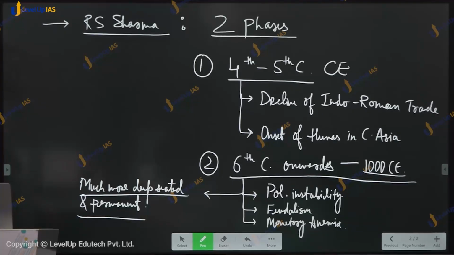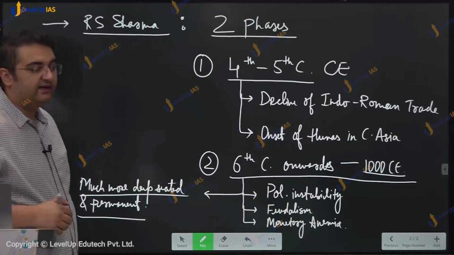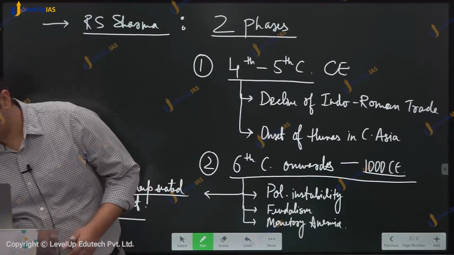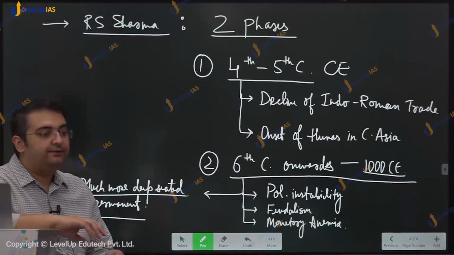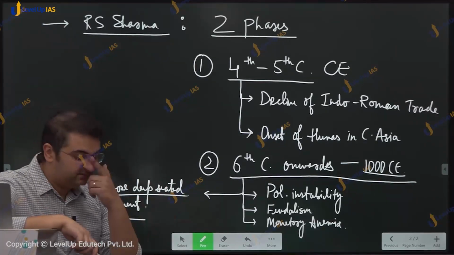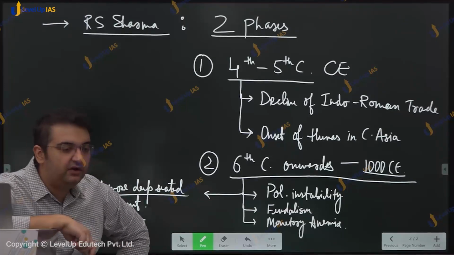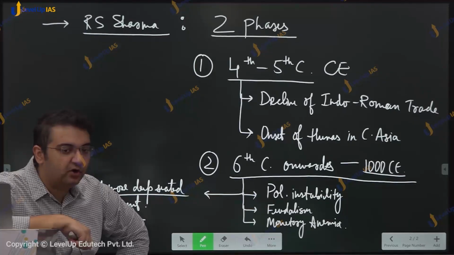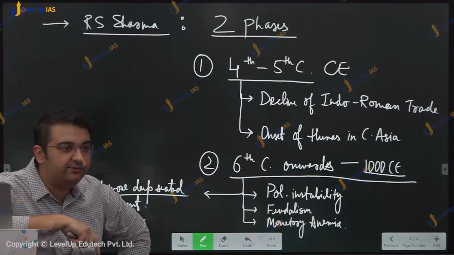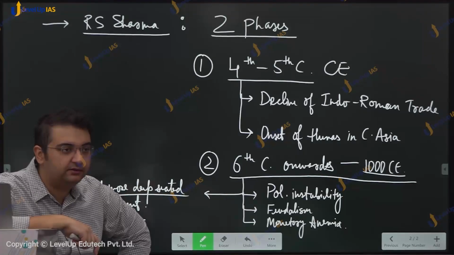Where the decline of Indo-Roman trade had been compensated by a rise of India's trade with which region? Which part of the world?